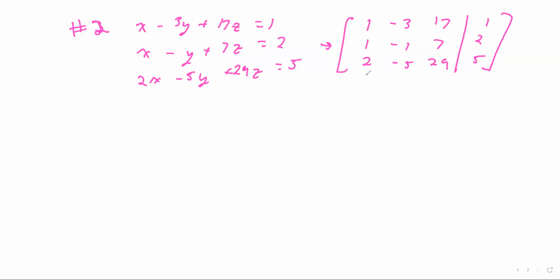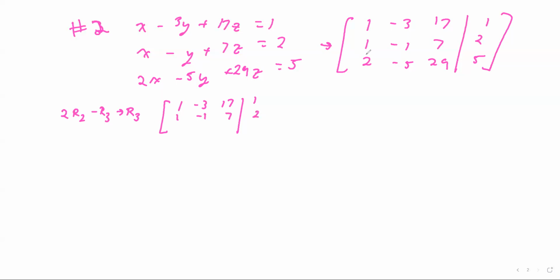Again, the first objective is to make this a 0. So I'm going to do 2 times row 2 minus row 3. That will be my new row 3. You could have done this one as well; it doesn't really matter. But the goal is to make this a 0. So row 1 and row 2 will remain the same.